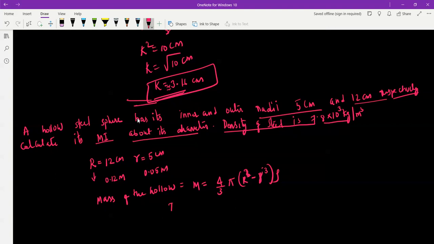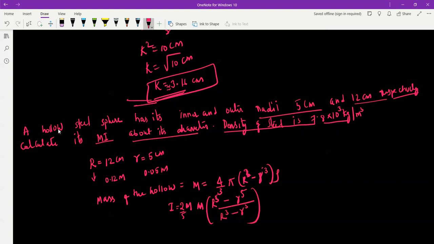So now we know that moment of inertia I is equal to 2 by 5, not m, just, R to the power of 5 minus small r to the power of 5 divided by R cube minus r cube.